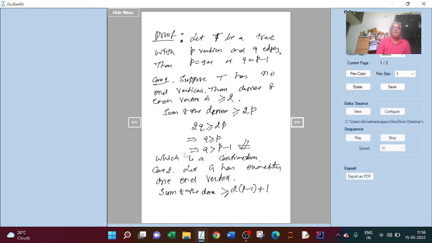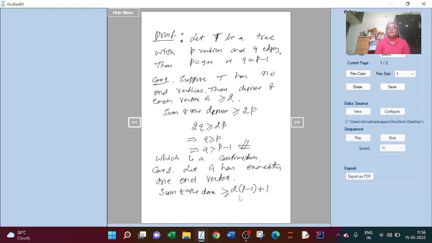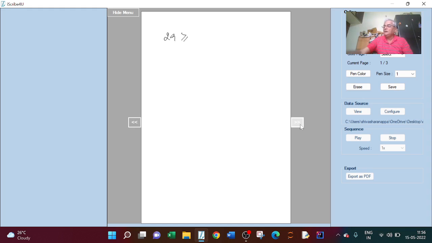But what is this sum of the degrees? This is nothing but 2Q. That is, the left hand side is 2Q greater than or equal to 2P minus 2 plus 1, that is, 2P minus 1.